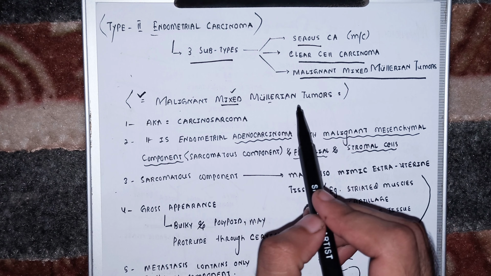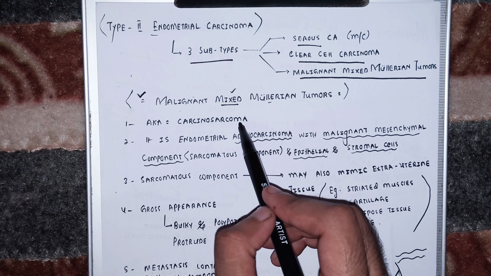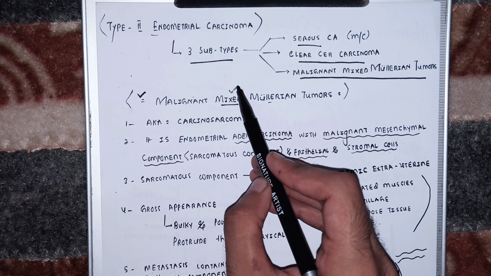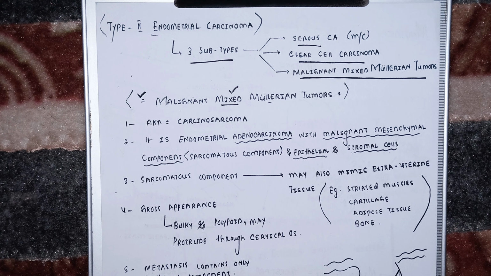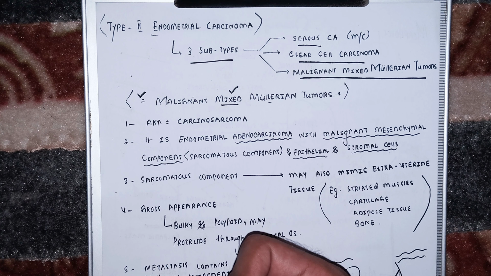But a malignant mixed Mullerian tumor is also known as carcinosarcoma. And in malignant mixed Mullerian tumor, what does this word mixed mean? Beta, I'll be telling you in detailed explanation, but in general mixed refers to the presence of different components together.